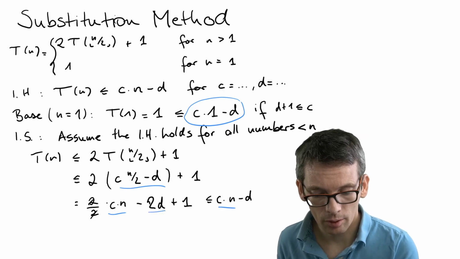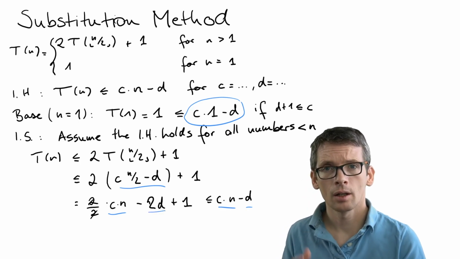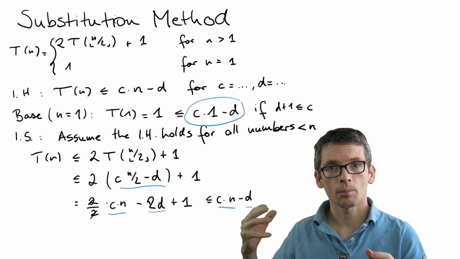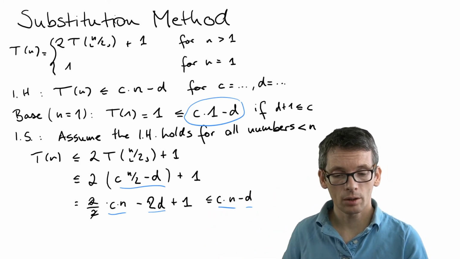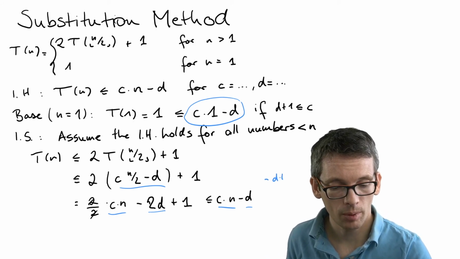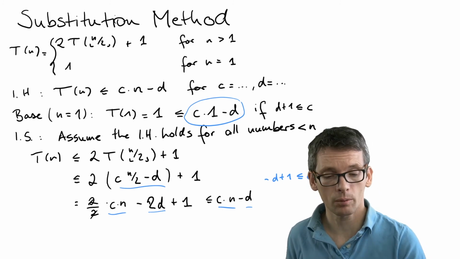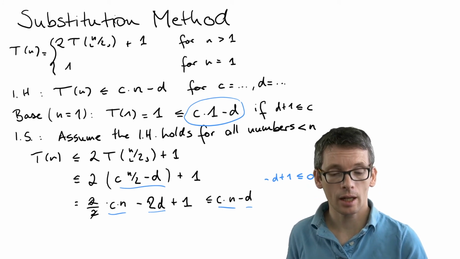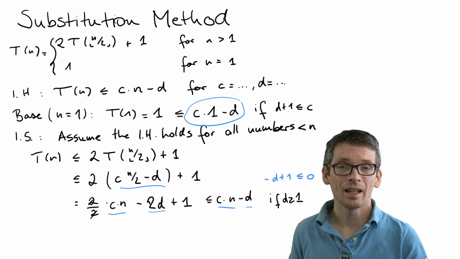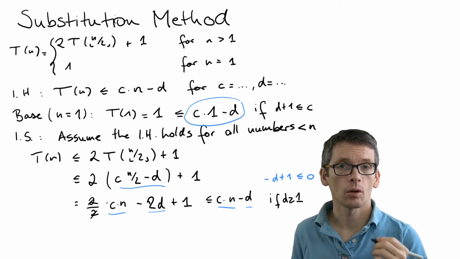Here is a minus 2d, here's a d. So if you compare those, on the left-hand side we have a minus d plus 1. So we need to have that minus d plus 1 is smaller or equal to 0. Then we get this, and this is the same as saying that d should be at least 1.